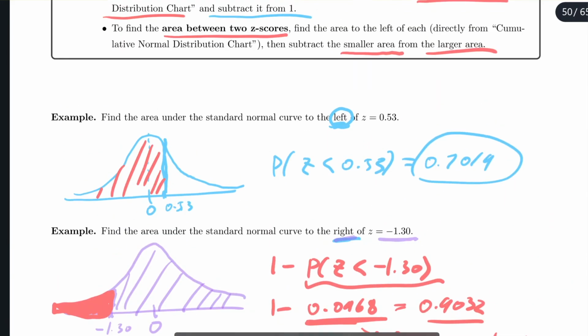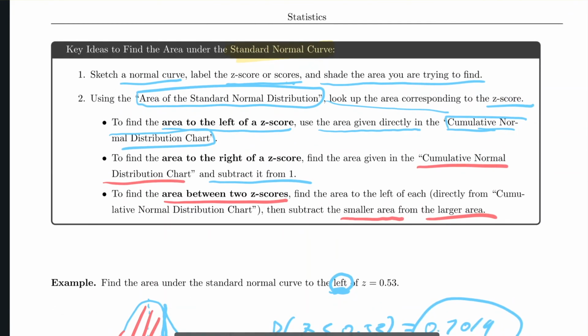So let's summarize. We are finding this area of the standard normal distribution. We can convert all normal distributions to the standard normal distribution by using the z-score, which we'll look at more in the next section. But for now, we'll really focus on interpreting these areas and finding them using the z table.